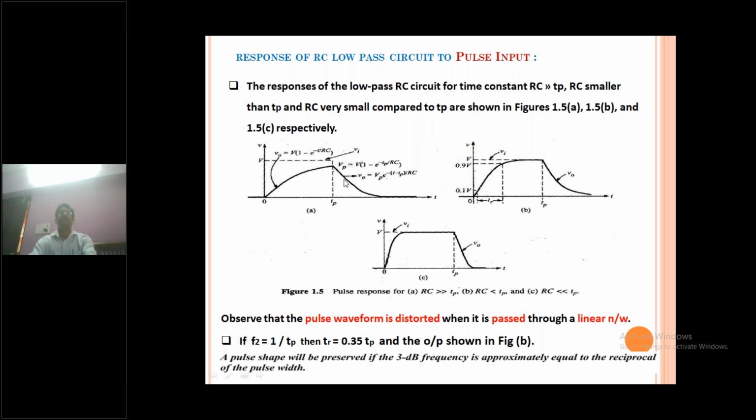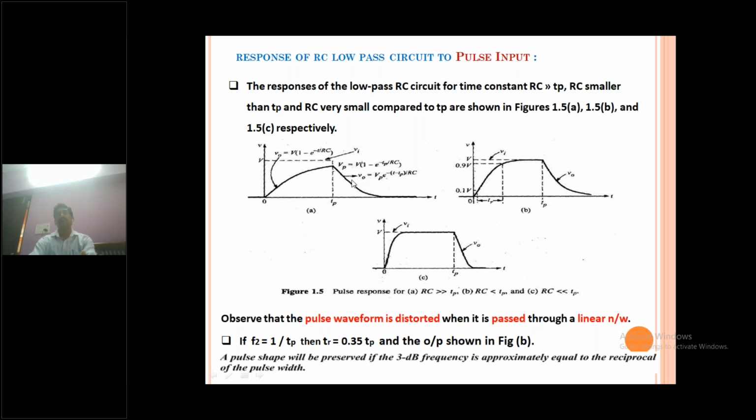Actually the output voltage equals Vp into e power minus T by RC, but here TP time is already completed. That's why the equation is V naught of T equal to peak value Vp into e power minus of T minus TP by RC.